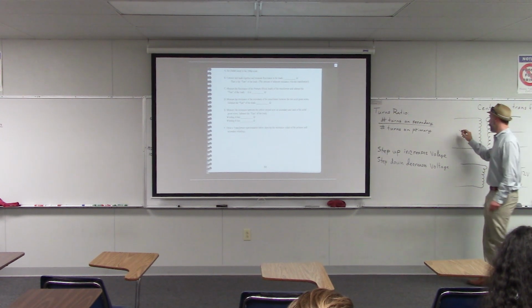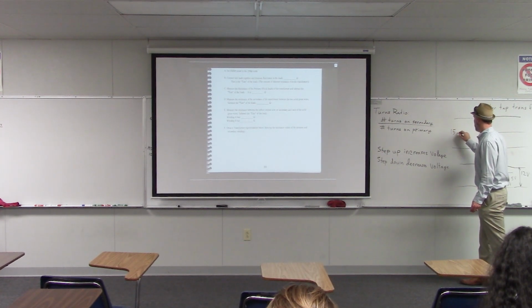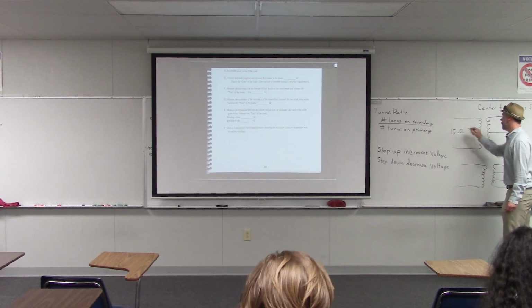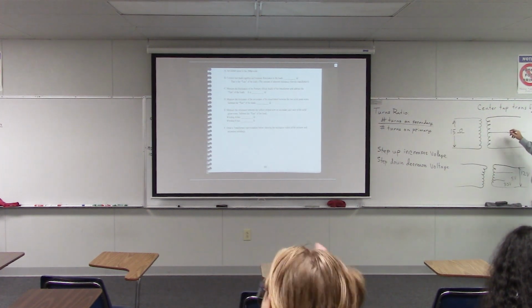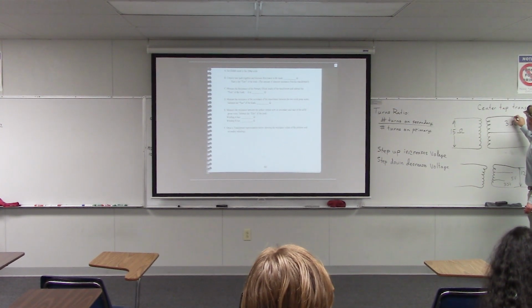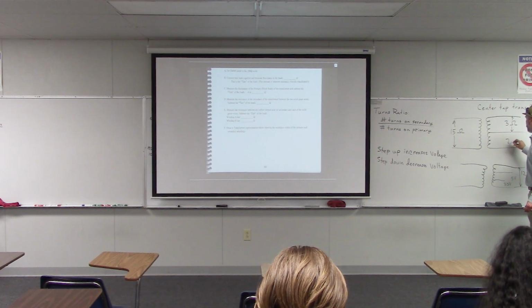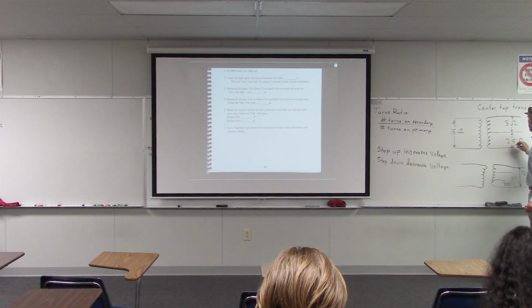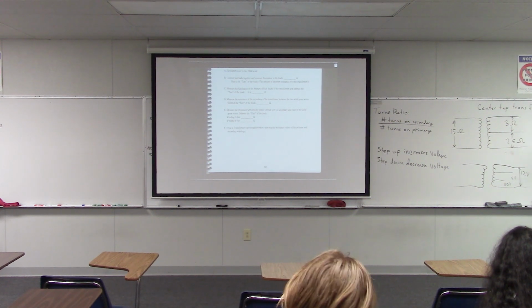So say the primary had a resistance of 15 ohms, you would write 15 ohms there, from the top of the coil to the bottom, and then maybe the secondary had 3 ohms from the top to the middle, and maybe 2.5 ohms from the middle to the bottom. You could draw something like that. So just a very simple picture that shows your resistances. Okay?